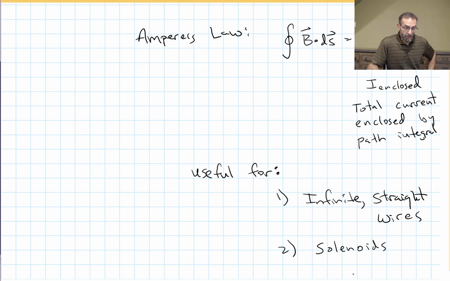But let's do another example where we could use this. As long as it's an infinite straight wire, we can find the magnetic field inside of the wire now. So let's take a look at that.